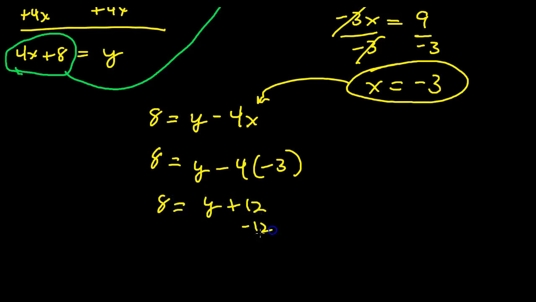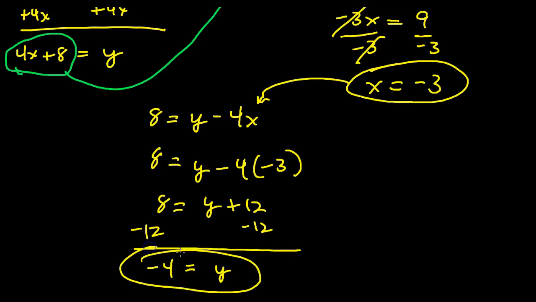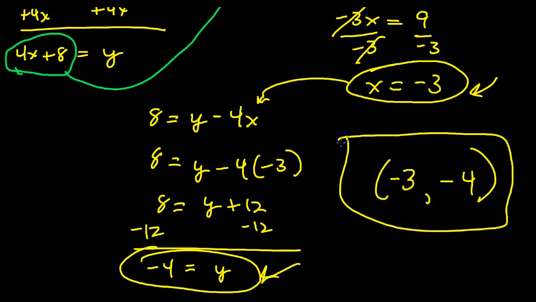And if I subtract 12 from both sides, I then get y equals -4. All right, so y equals -4 when x equals -3. That pair will solve both equations, and I can list my answer in ordered pair form if you wish. All right, this concludes section 5.2, solving equations by substitution.